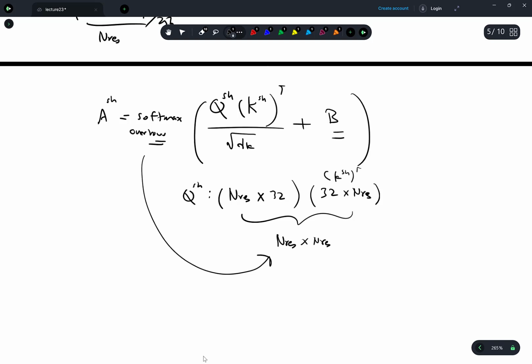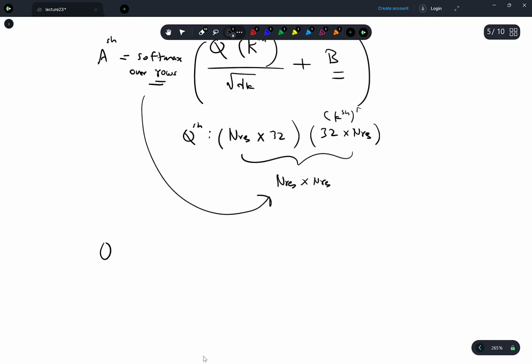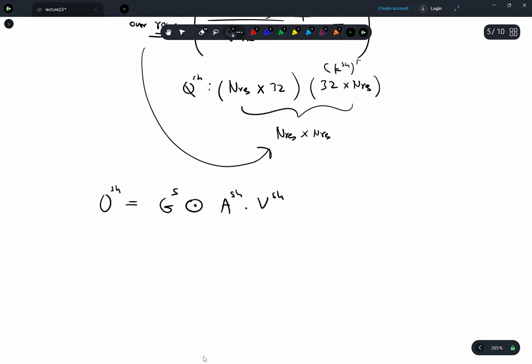And now all you have to do is compute OSH, which is going to be GS element-wise with ASH times VSH. So this is a gate. And then O is simply going to be the concat of OSH along, so this is OS. And then you're going to do a linear on top of that.